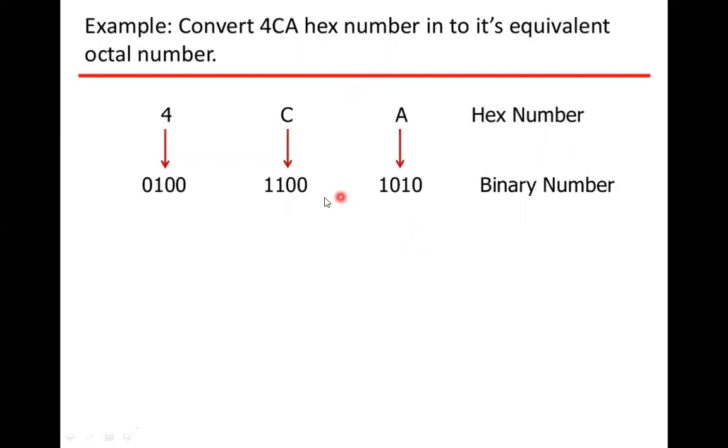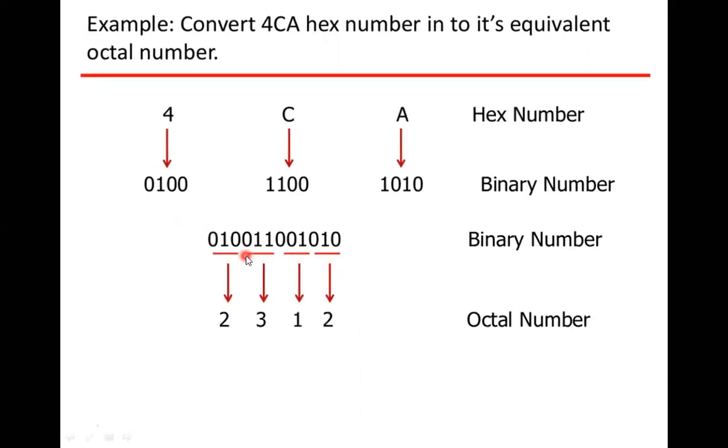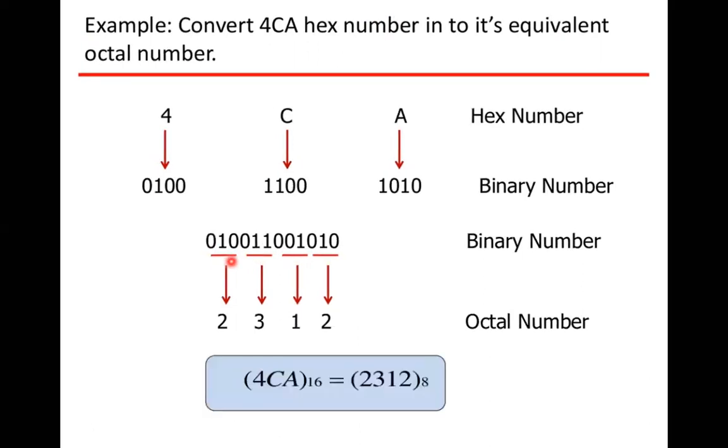A is 1010, this is C, and this is 4, and we write all the bits together and then make groups of 3. So 010 is 2, 001 is 1, 011 is 3, and 010 is 2. So it comes to 2312 in the octal number system.